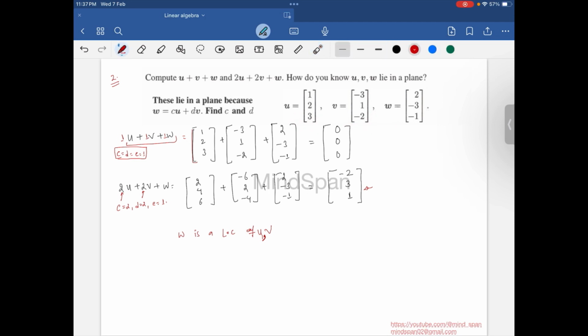So what we have to find is simply c and d, right? And it is given in the question that w is a linear combination of u and v, right? So we can write w equals c u plus d v, right? So for what values of c and d will you get this w vector, right?